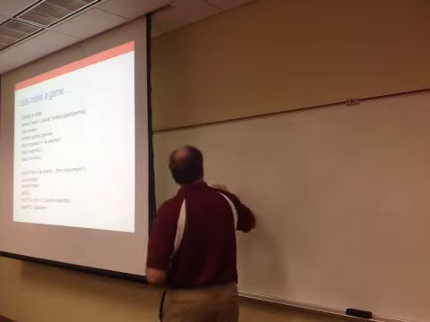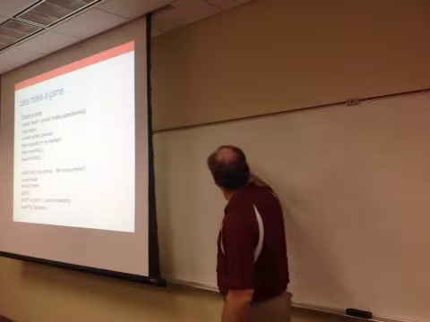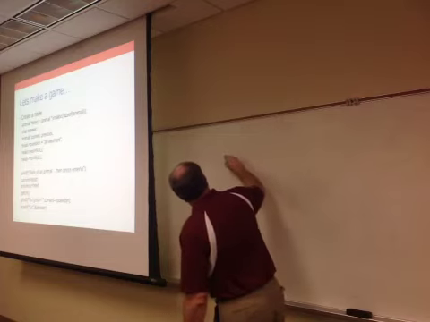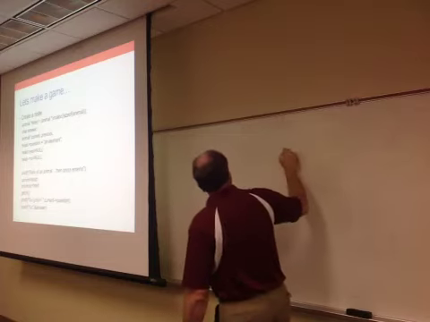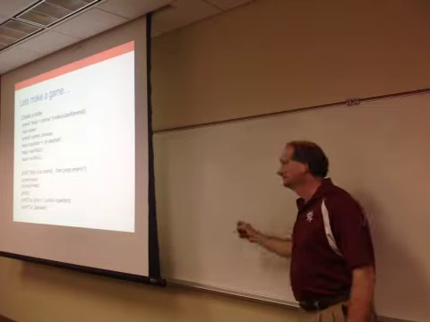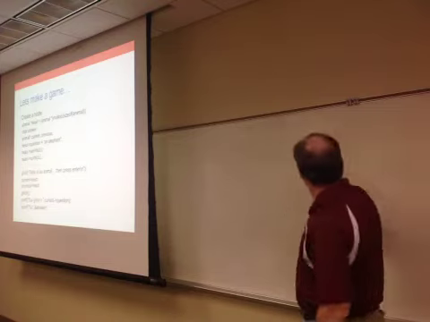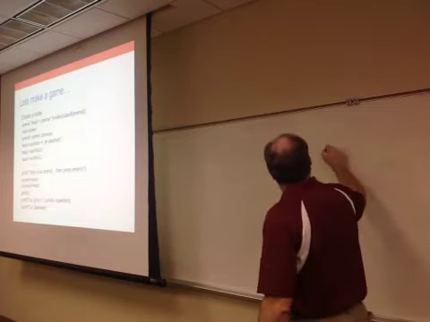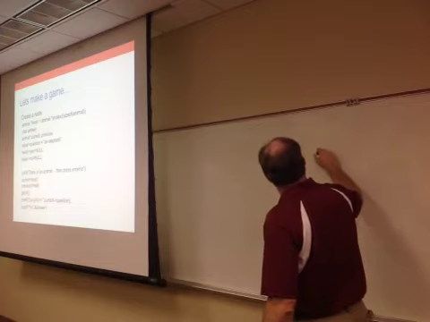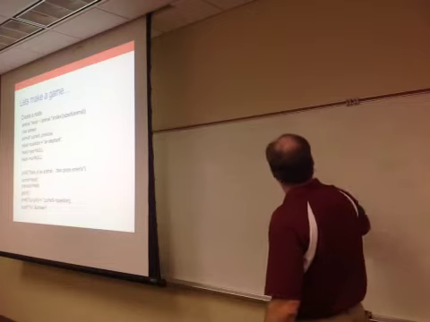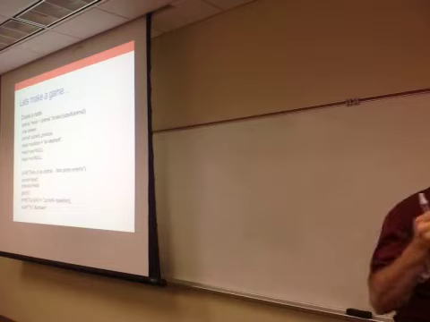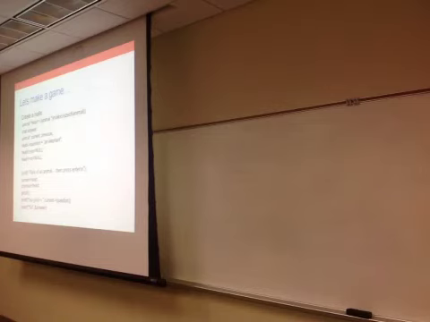A question is a string, so it's a char array. Okay? So that's what our blocks of data are going to be. It's going to have a question, and then a yes and a no pointer.